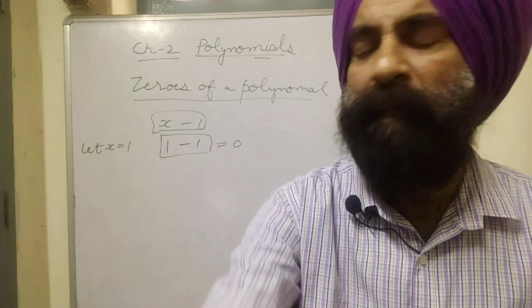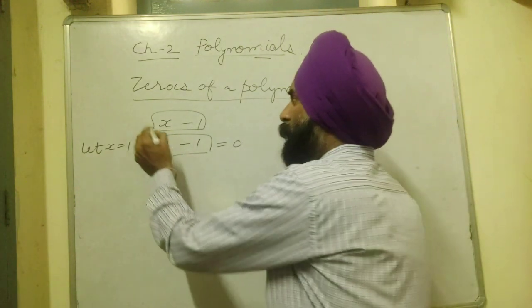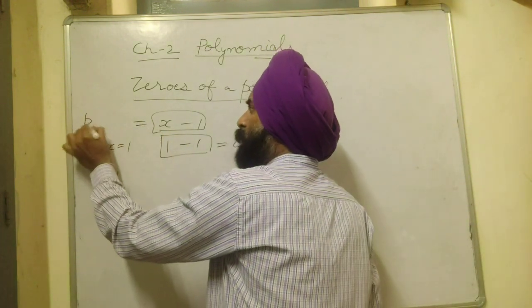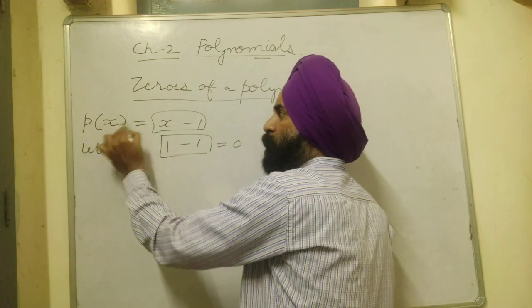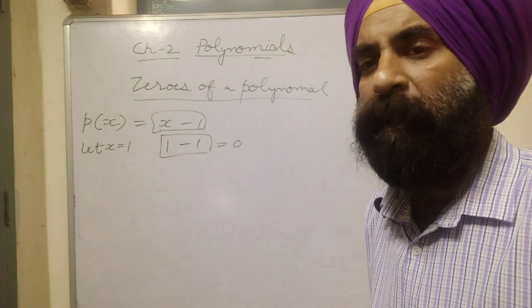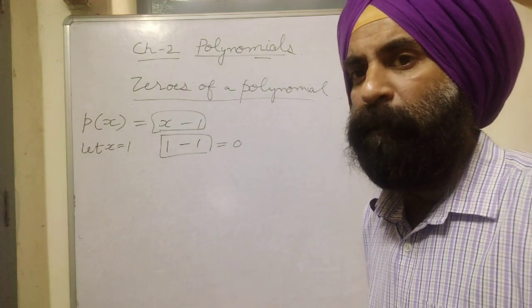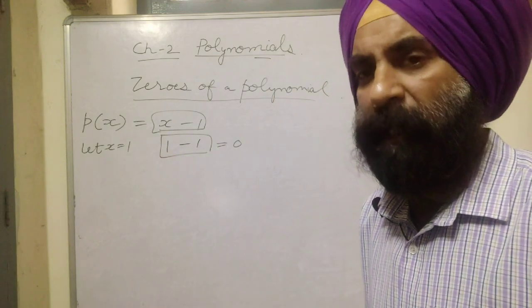Now I'll tell you something basic. We can denote the polynomial by the letter P, and inside the bracket we write the variable which is used in the polynomial. I have written P(x). It is called P of x. P of x means that the polynomial is in variable x.